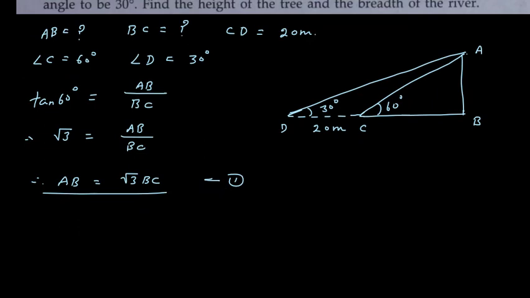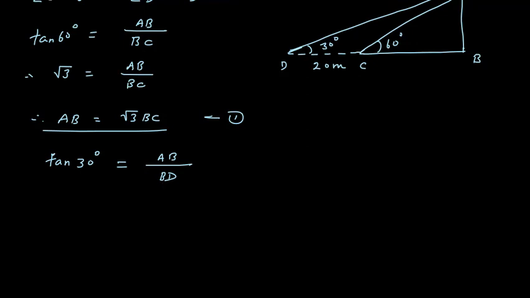Now when I apply tan 30 degree, tan 30 degree is AB upon BD. Now tan 30 degree is what? Tan 30 degree is 1 upon root 3. So therefore I will say that 1 upon root 3 is equal to AB divided by BD.